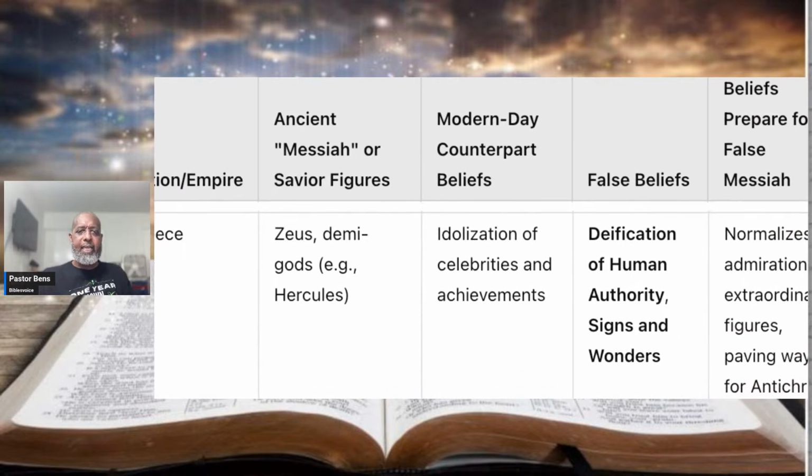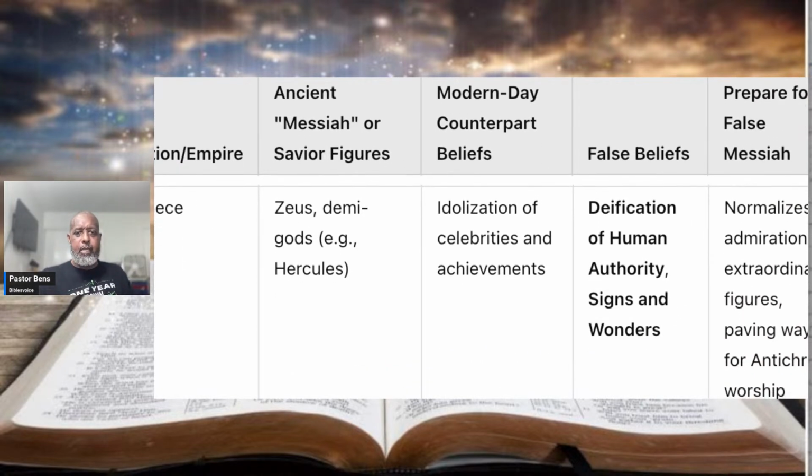In the Greek culture, they deified human authority. Because humans during the Greek period were able to do amazing wonders and things because, remember, it was the Greeks that took over the entire world.